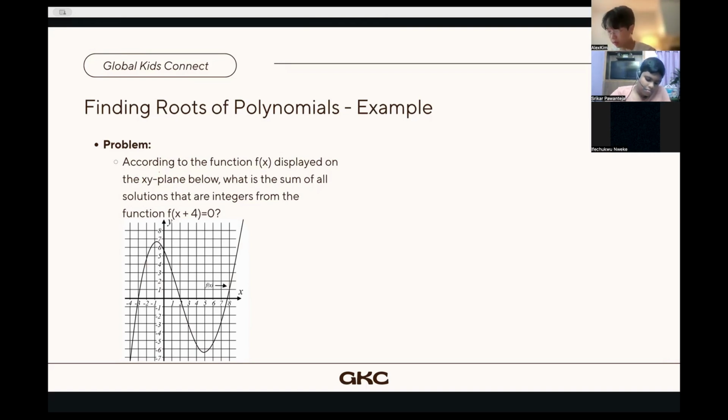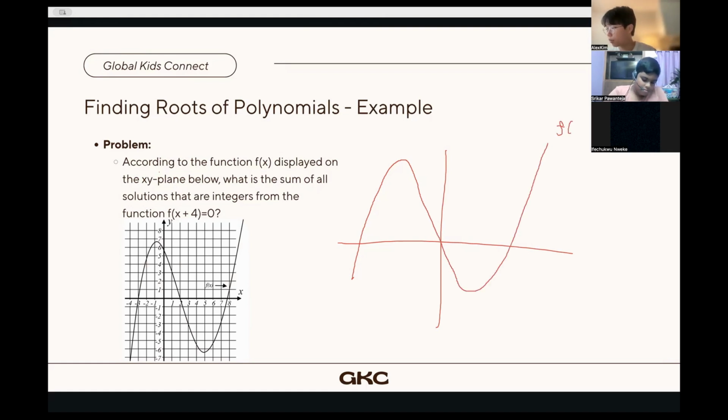So key things to note is that, for example, if we had our original function of f of x, we can say that f of 0 was equal to 0 because for our example f of x, it passed through the origin.